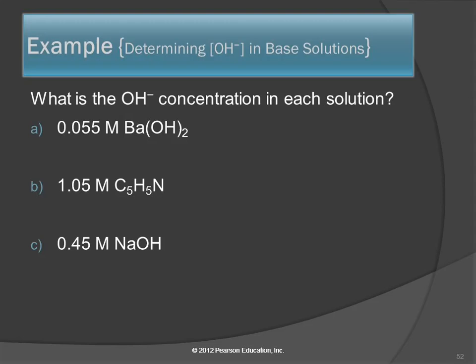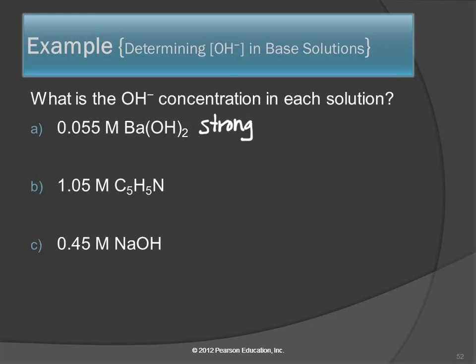Similar type of question. What is the hydroxide ion concentration in each solution? Again, we need to ask ourselves, is this a strong base or a weak base? Barium hydroxide. Even if we don't remember exactly which metal hydroxides were on that list of strong bases, this is a metal hydroxide, right? So a good guess would be strong base.